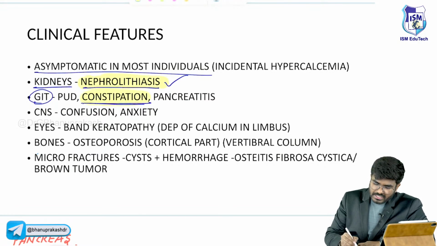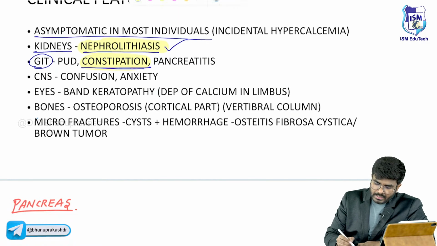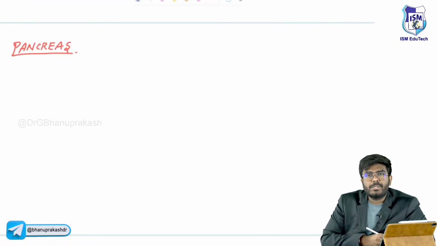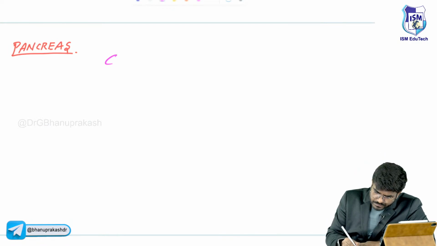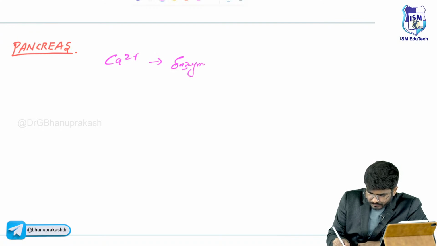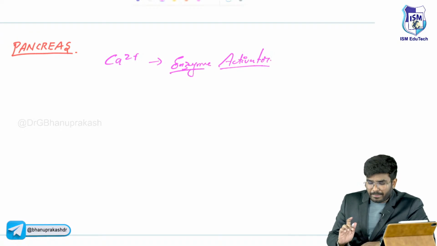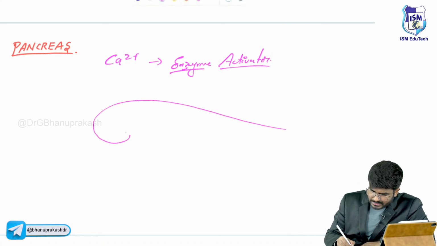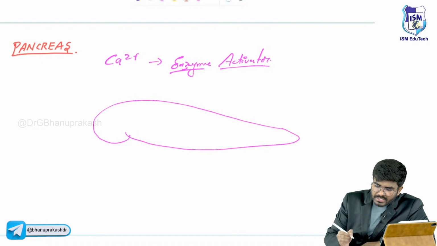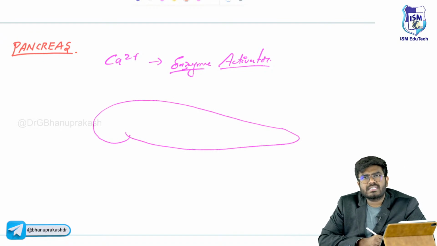Now apart from constipation, see here I have written pancreatitis also. Why pancreatitis? Calcium is an enzyme activator. Normally in the pancreas, can you tell me some important pancreatic enzymes which are produced in inactive form?